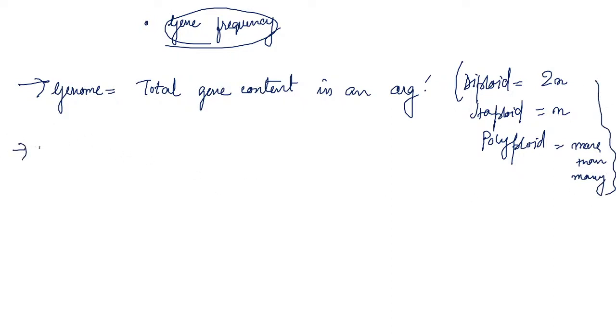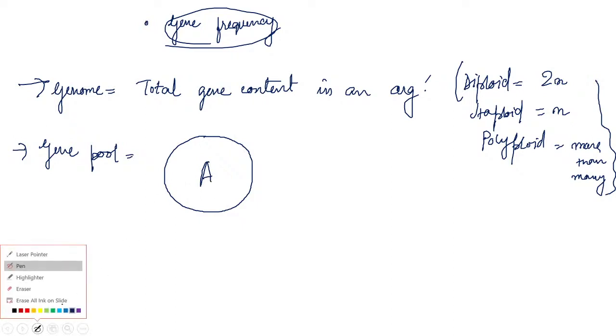Now what is gene pool? Gene pool is the total gene content which is present in a specified area. Suppose this is area A, right?